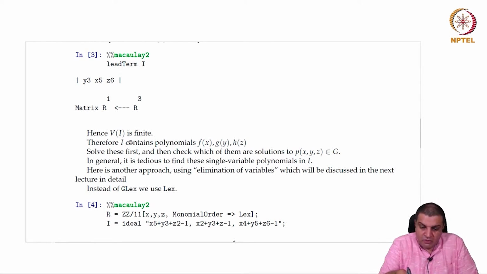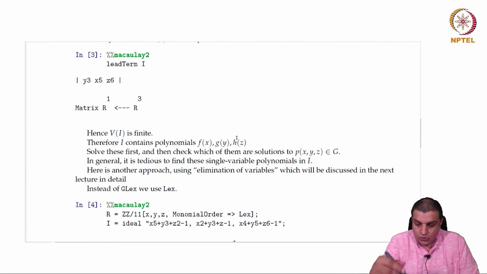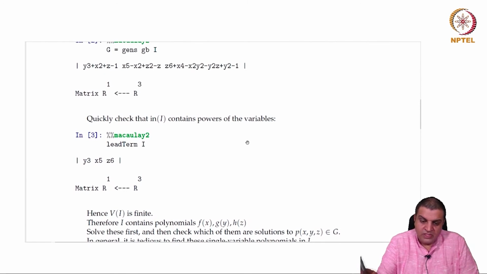So therefore I contains polynomials f, g, h; this is what the theorem said: there's a polynomial that involves just x, a polynomial that involves just y, and a polynomial that involves only z. In principle, to find the solutions, we could just solve these one variable equations, get some finite set, and in that finite set explicitly check which of these satisfy these polynomials.